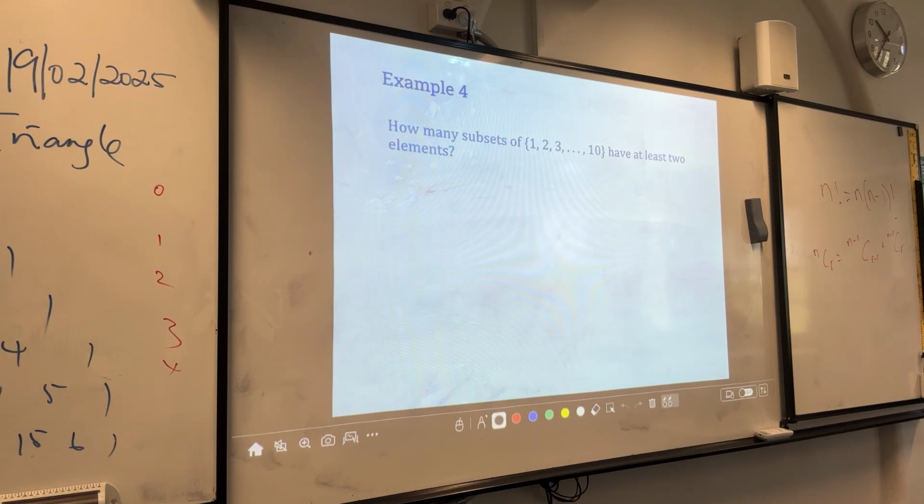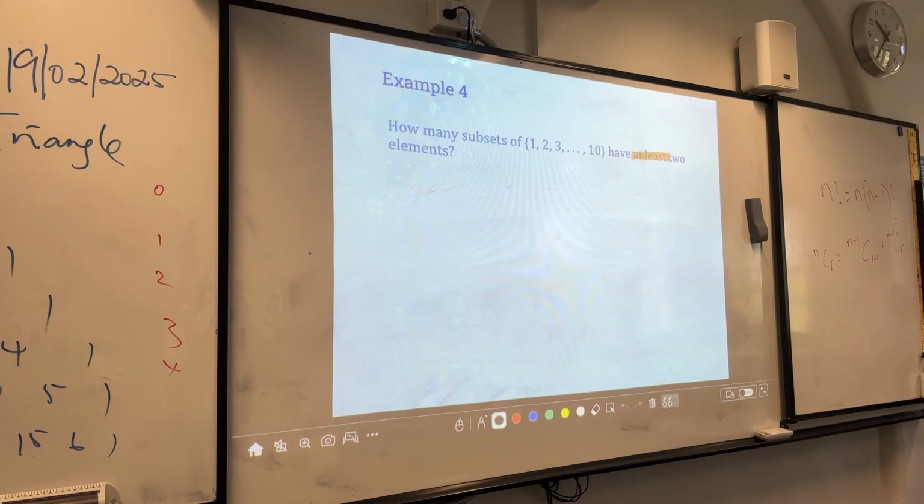So, at least 2 elements. What do I need? Am I going to count 2, 3, 4, 5, 6, 7, 8, 9, 10? Probably not.